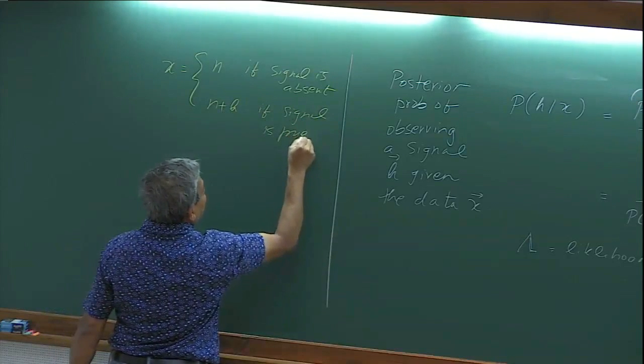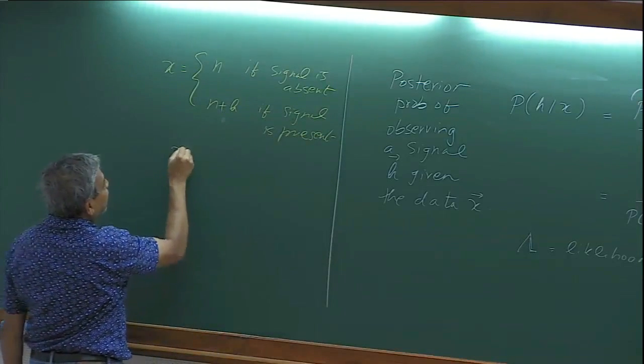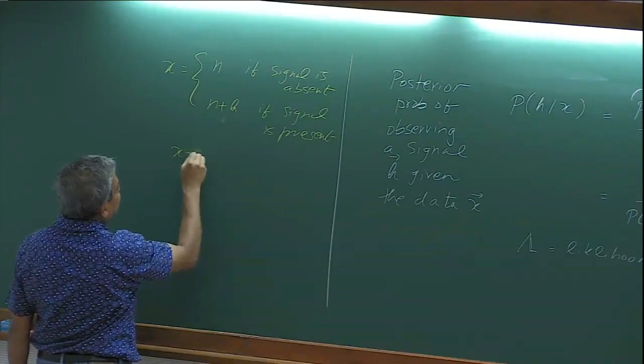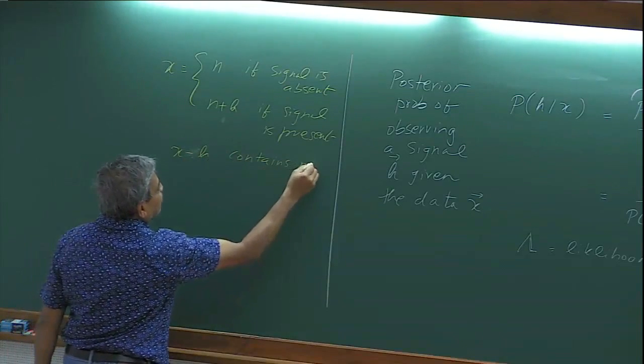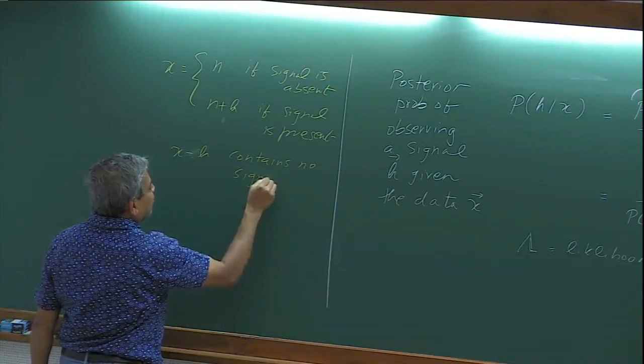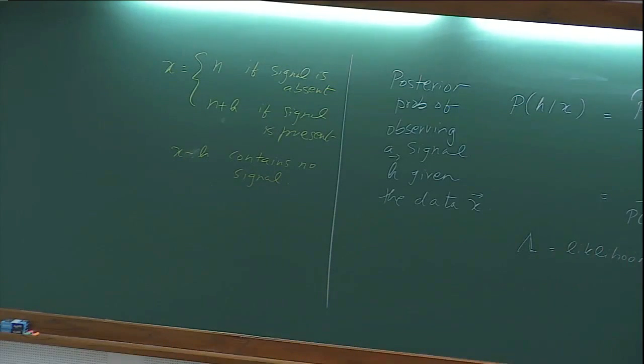But this second statement is the same as saying x minus h contains no signal. Therefore, when we compute these probabilities, it's enough to just compute that. The expression for this can be obtained by simply substituting x minus h here.